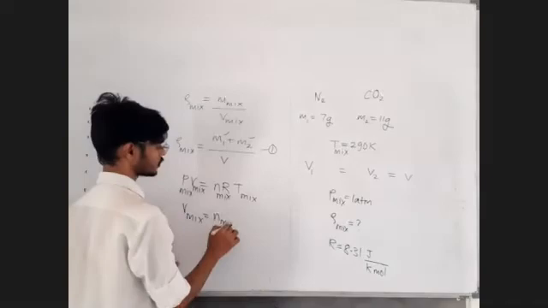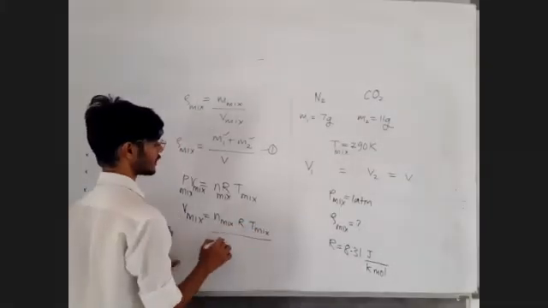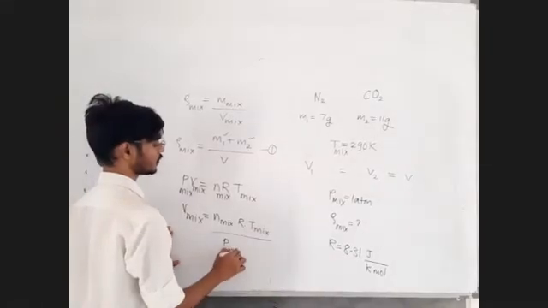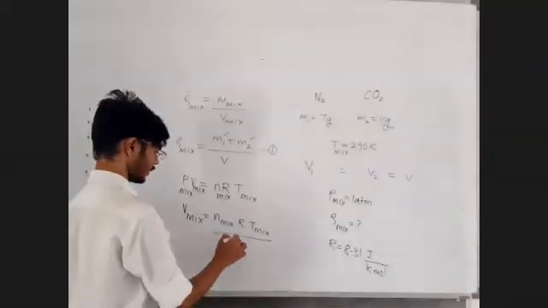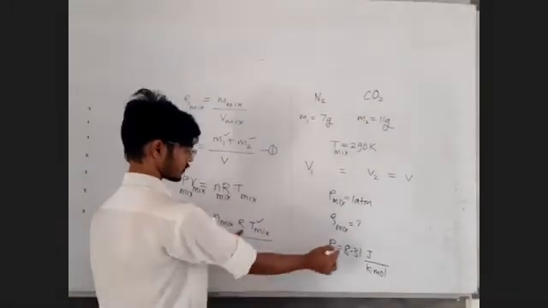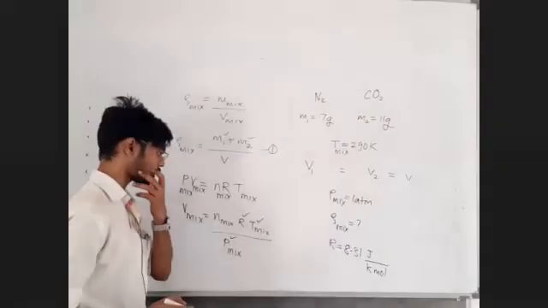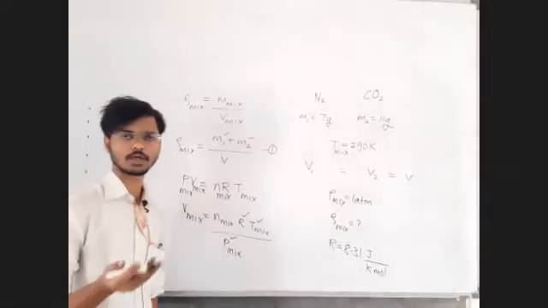Number of moles of the mixture into R into temperature of the mixture divided by pressure of the mixture. Now let's do the tick marks. Pressure of the mixture we are already given. Temperature of the mixture we are already given. Our universal gas constant we are already given or we already know. Now the task is to find out the number of moles of the mixture.